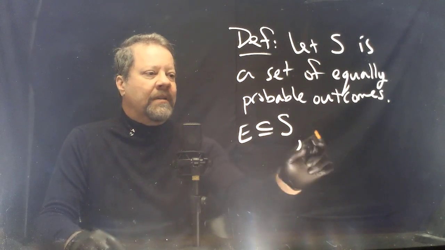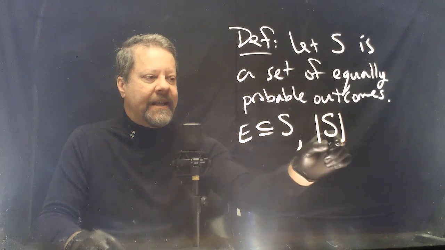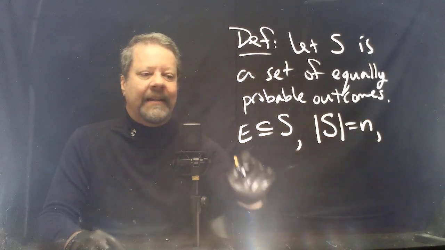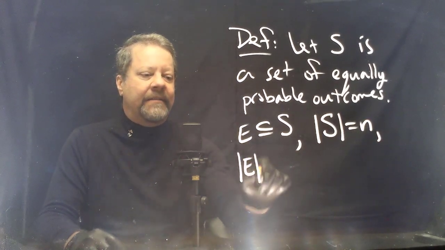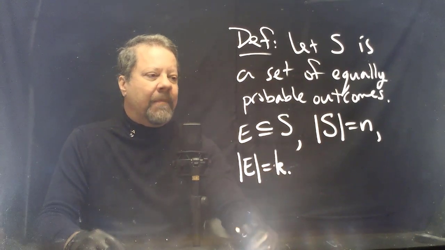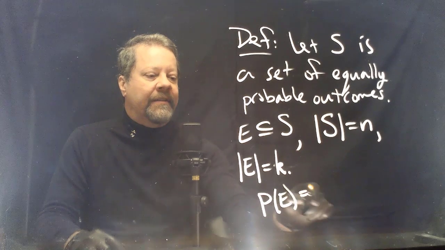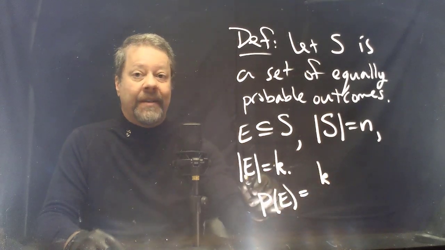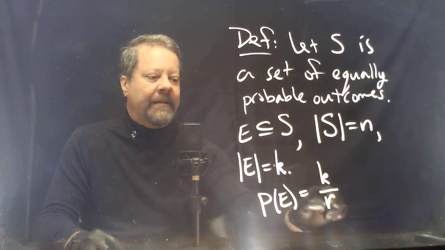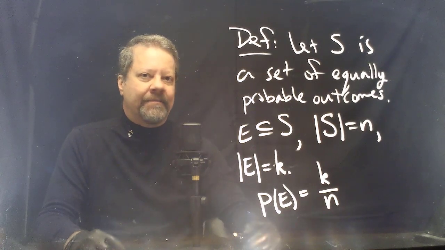What is more, suppose that the cardinality of the sample space is N and the cardinality of the event is K. Then we are going to define the probability of this event to be the number of elements in the event divided by the number of elements in the sample space.